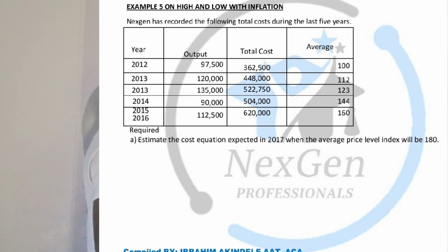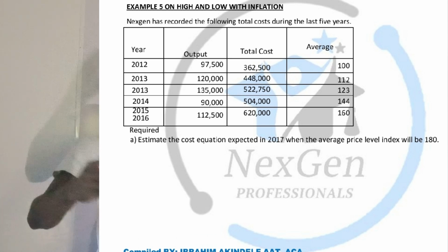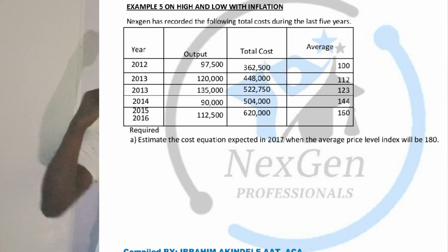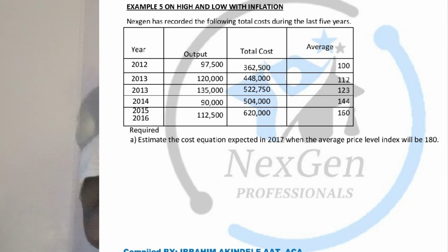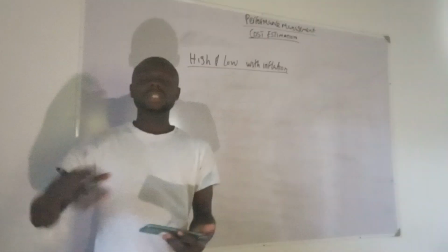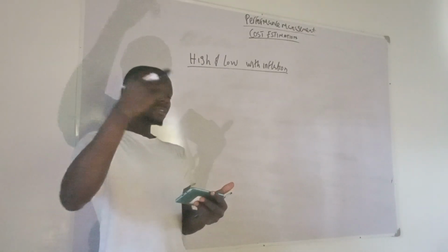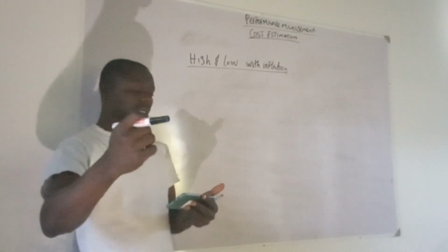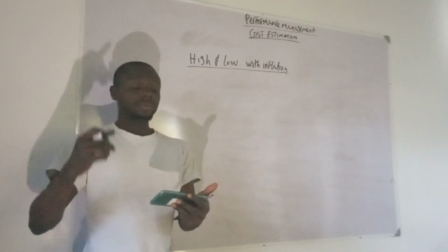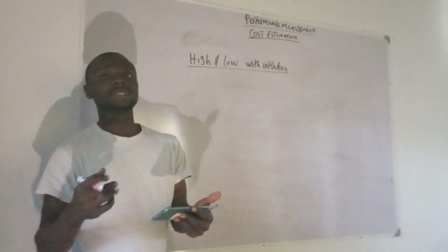In this question, we're given the output units from 2012 to 2016, the total cost from 2012 to 2016, as well as the average price level index. Don't forget that the price index is also used to measure inflation.